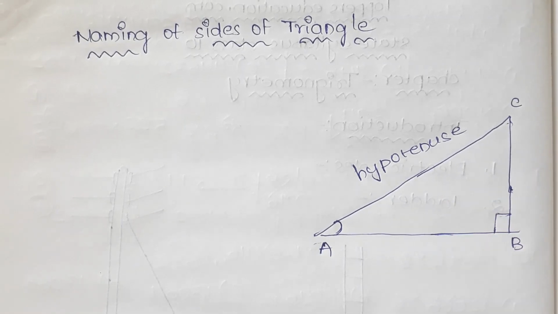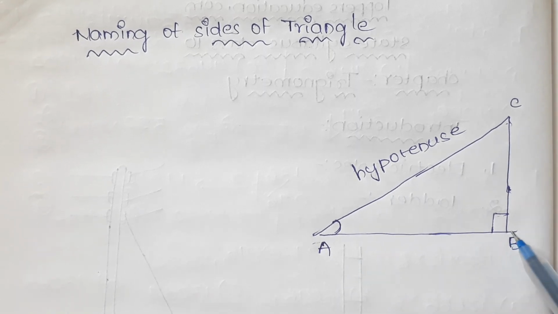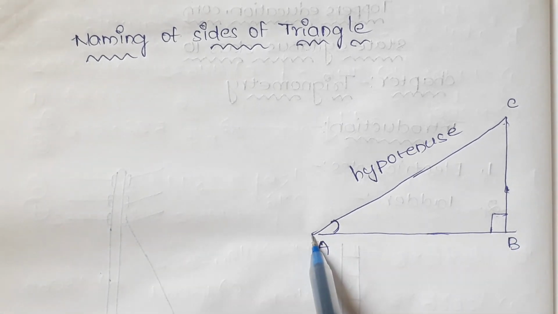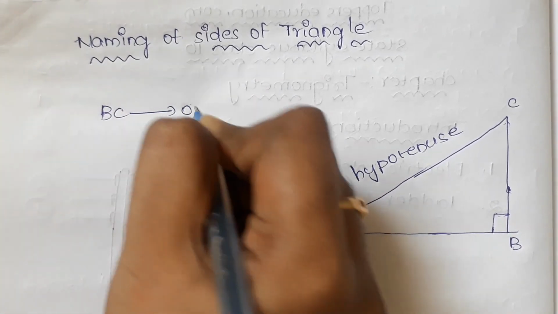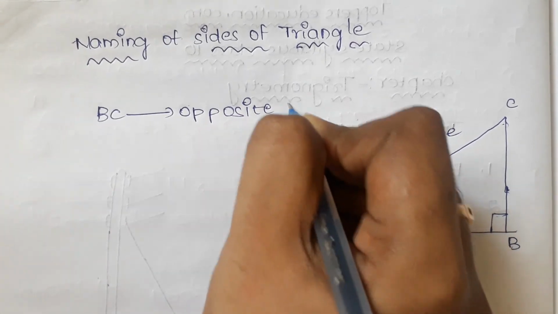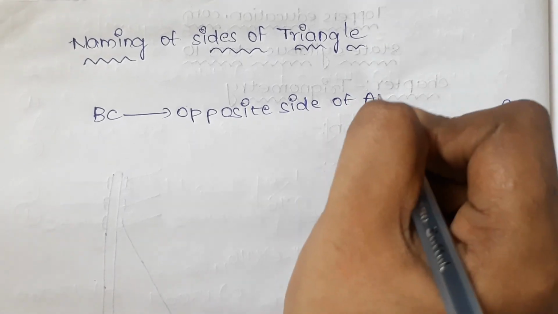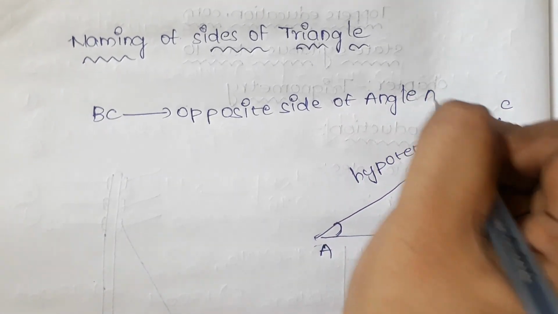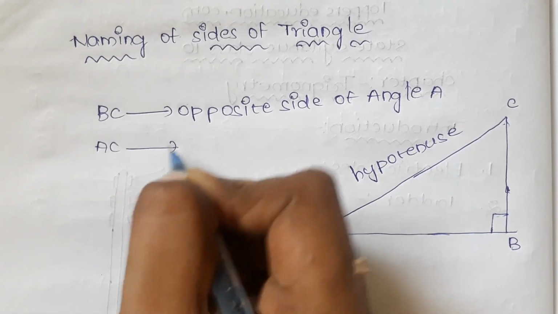Here you observe the position of side BC with respect to angle A. That is, BC is the opposite side of angle A. And we have already seen that AC is the hypotenuse.